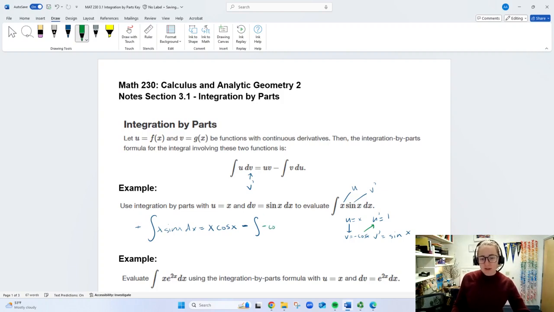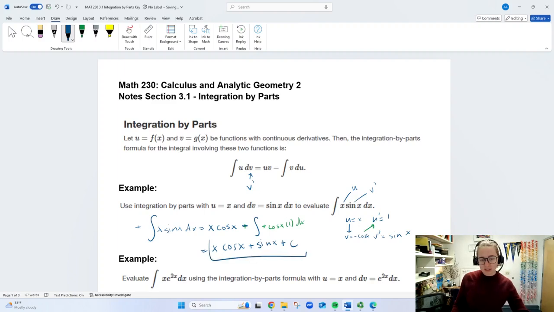So negative cosine of x times 1, and then this negative and this negative will actually cancel out, and I will get my answer of integral of cosine is going to be just sine, because derivative of sine is cosine.